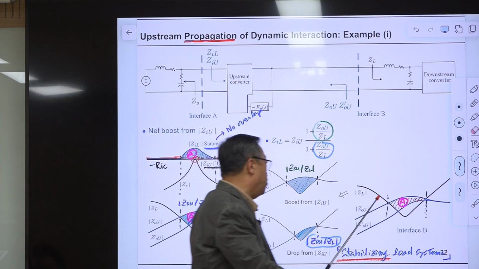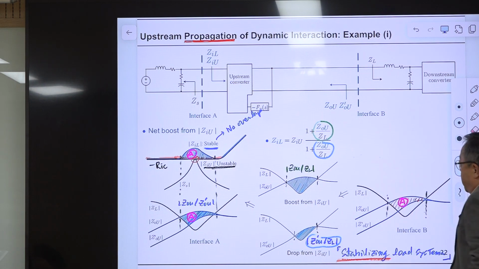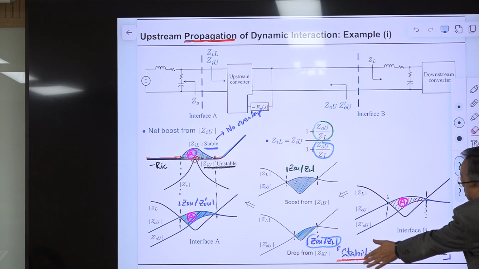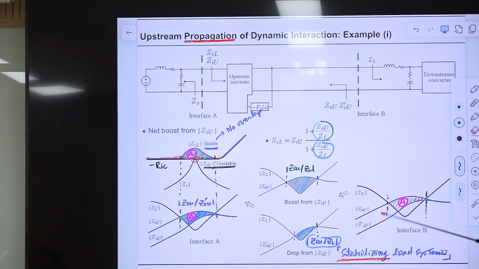Okay, so this is the typical case. Sometimes this becomes very small, so it disappears. But assume there is one here. These impedances are varying in this manner.